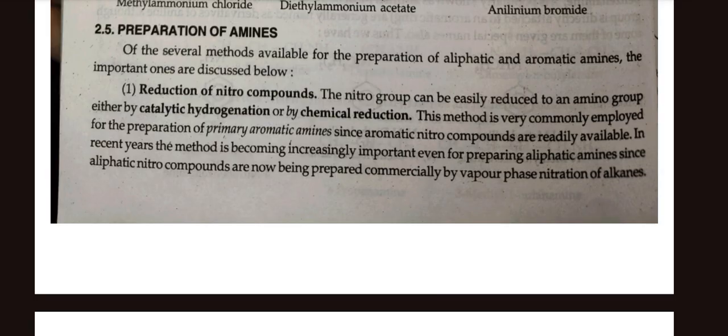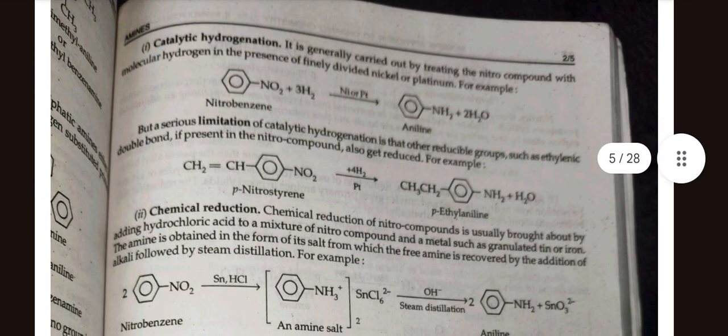This method is very commonly employed for the preparation of primary aromatic amines. Since aromatic nitro compounds are readily available, and in recent years aliphatic nitro compounds are being prepared commercially by vapor phase nitration of alkanes, the method is becoming increasingly important even for preparing aliphatic amines.